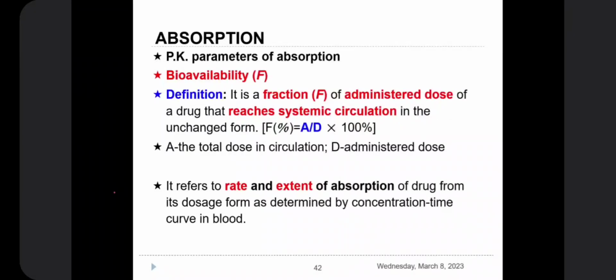Okay, next one. Let's see a parameter that can describe the absorption. The parameter is bioavailability. It can be shortened to F because this is a fraction.